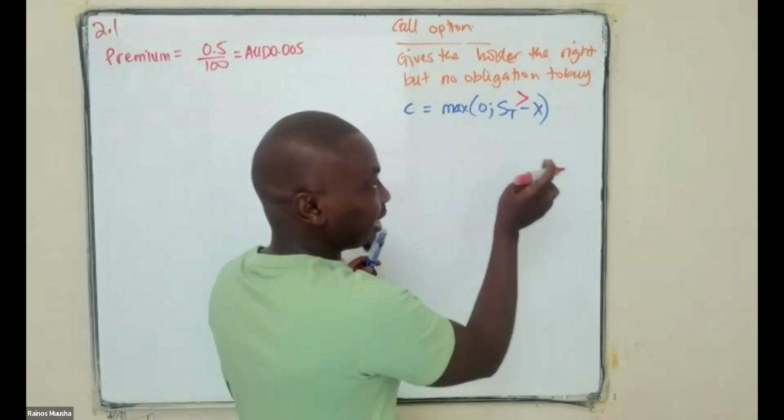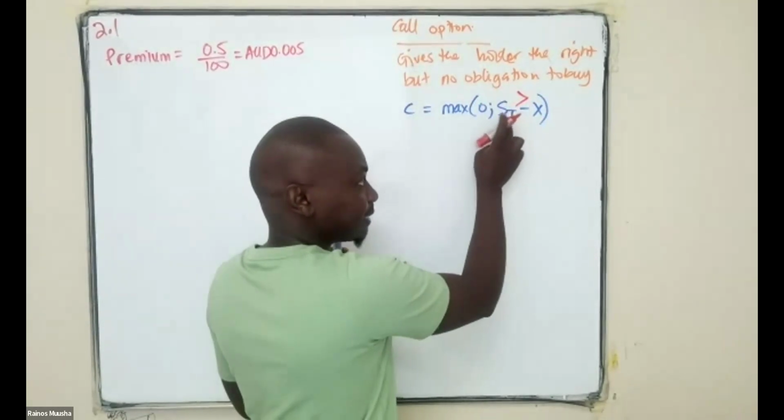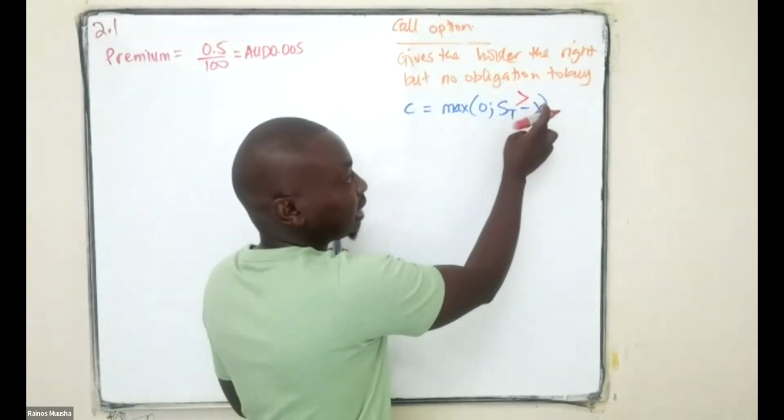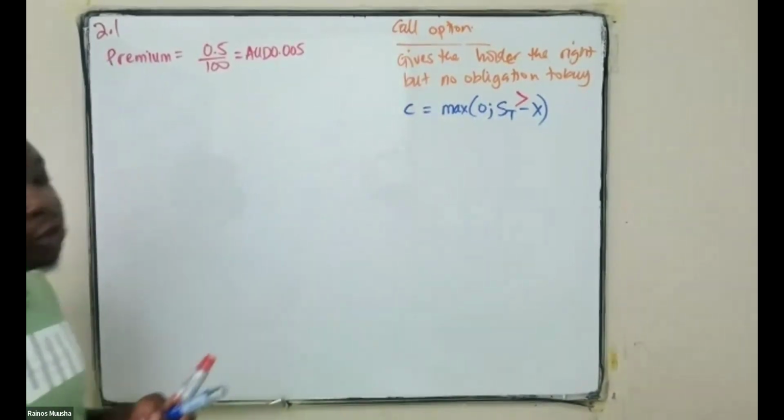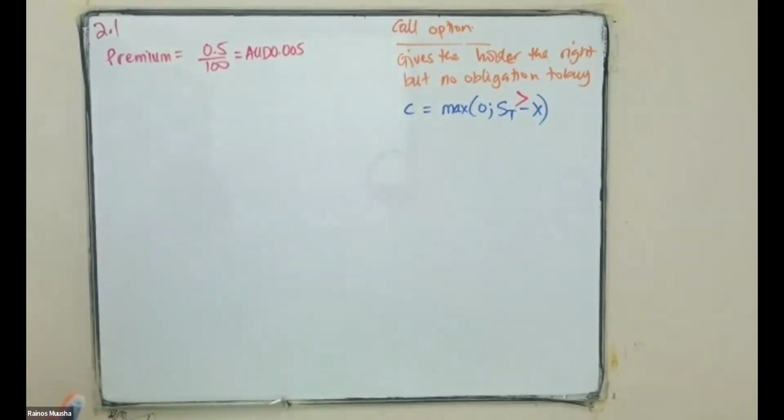So you exercise that right when you see that the price in the market is higher than the price of the contract, which means it's beneficial to you to buy according to the contract because the contract price is lower.